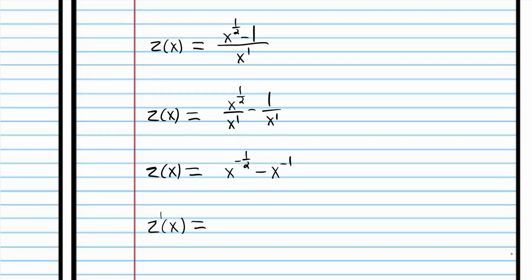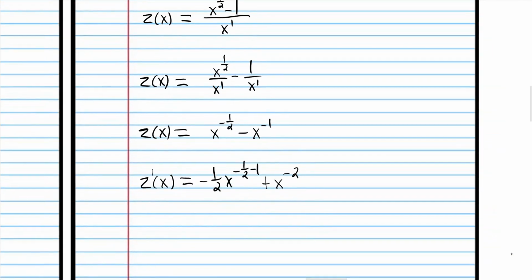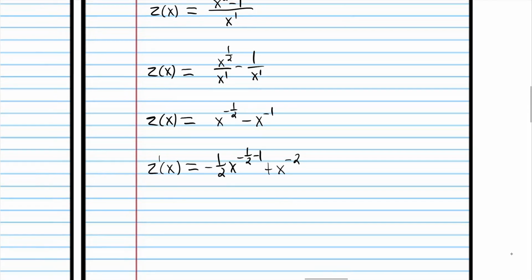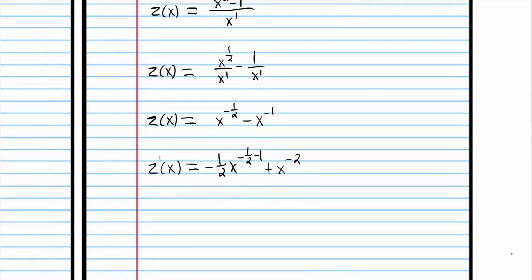Now we can find the derivative. So we get negative 1/2, x to the negative 1/2 minus 1, and you can show this if you want, but you don't have to, and plus x to the negative 2 power. So bringing the negative 1 down in front, and then subtracting 1, we get negative 2. When you bring the negative 1 in front, it turns to a positive.